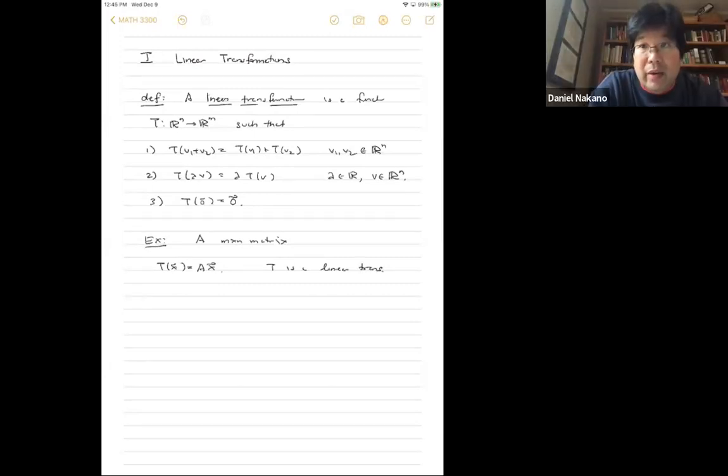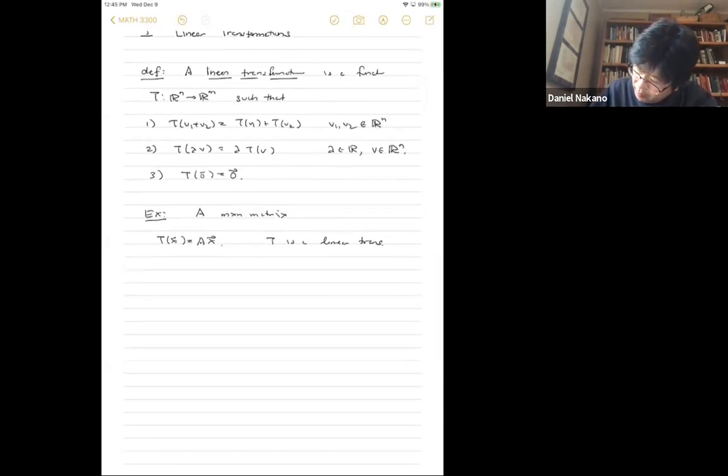Now, on the other hand, if I fix a basis, like if I fix the standard basis for Rn, then I can write T as a matrix. So here's the other example. Let E1, E2 up to En be the standard basis for Rn.